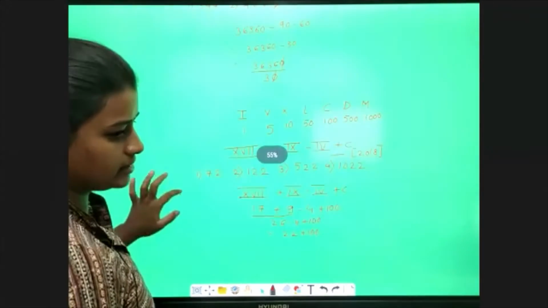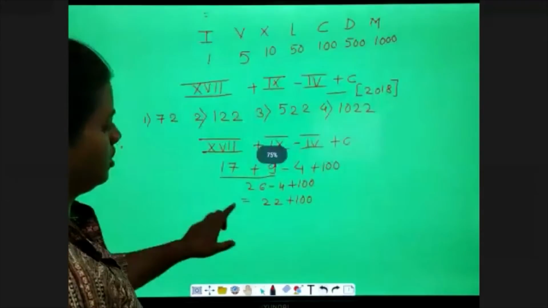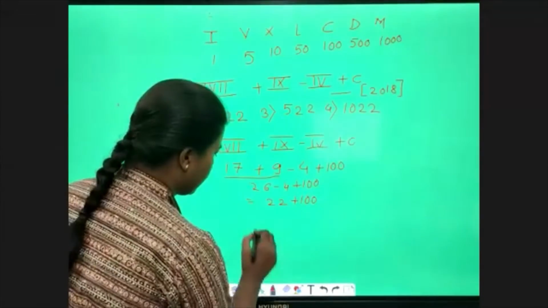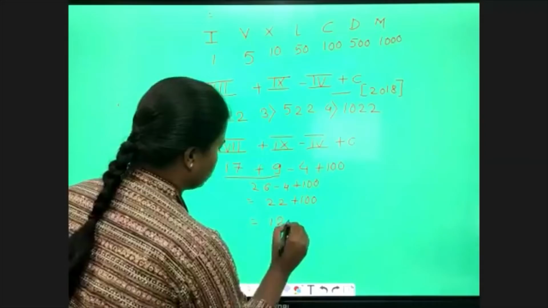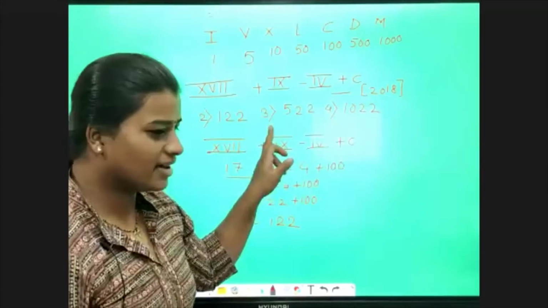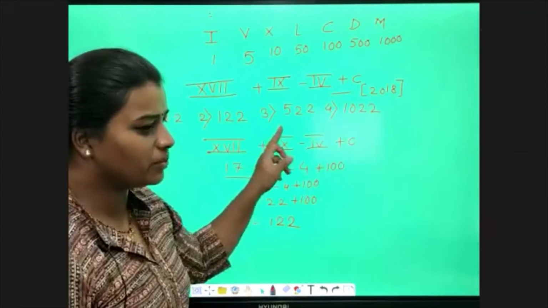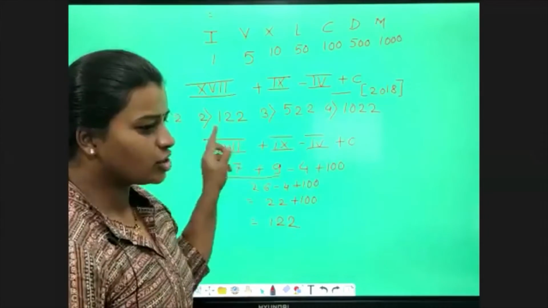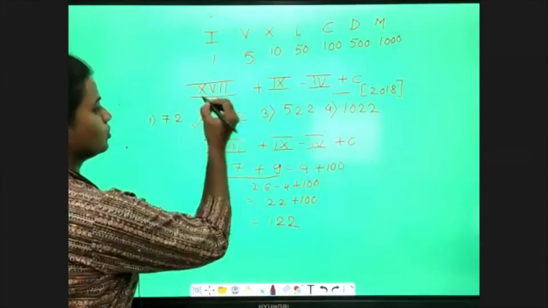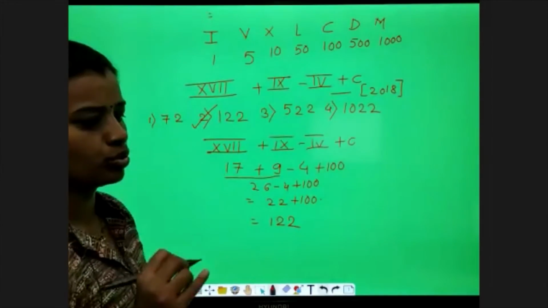Who will tell me answer? Ma'am, 122. 22 plus 100. Someone said me a different answer. 122. Okay. So which option is right? Second option, option number 2, that is 122.